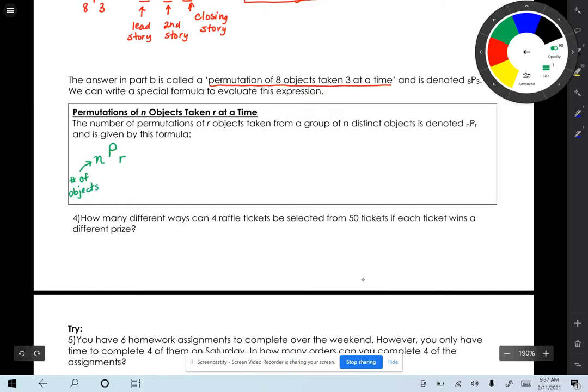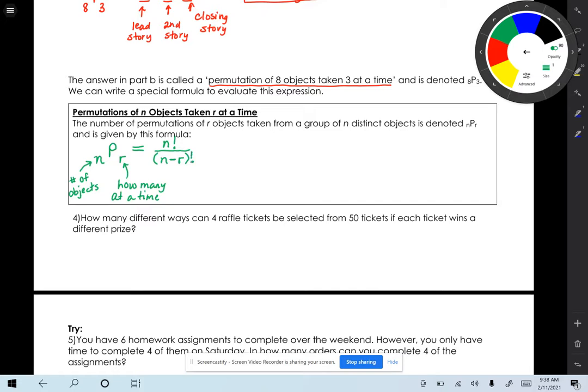R represents how many at a time. And the formula is it's equal to N factorial divided by N minus R in parentheses, because you have to do the N minus R first, then factorial.